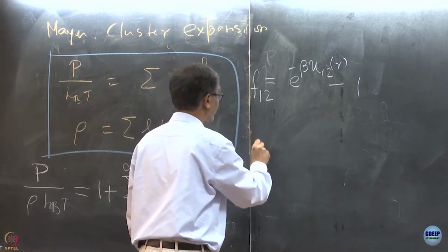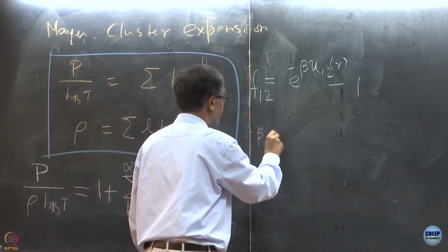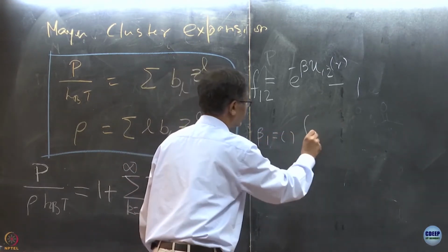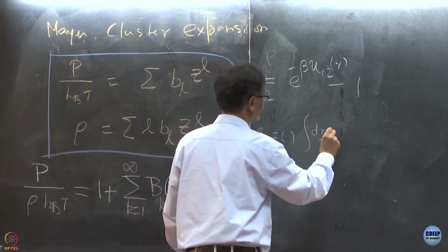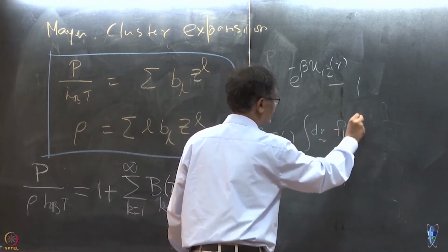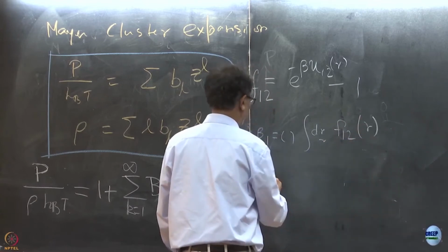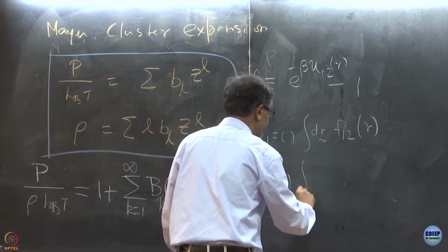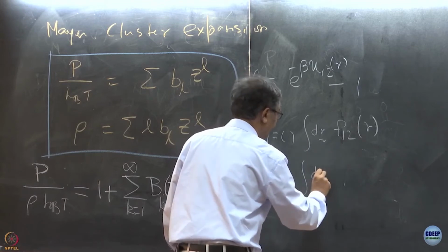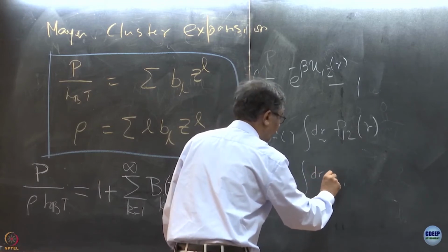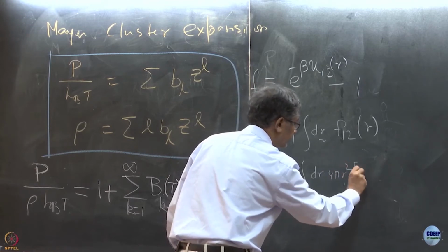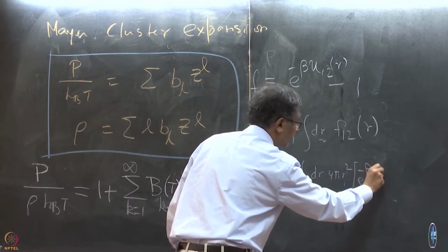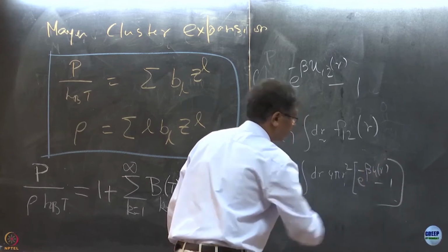Then beta 1 dr, and then that is dr 4 pi r squared, e to the minus beta u(r) minus 1.